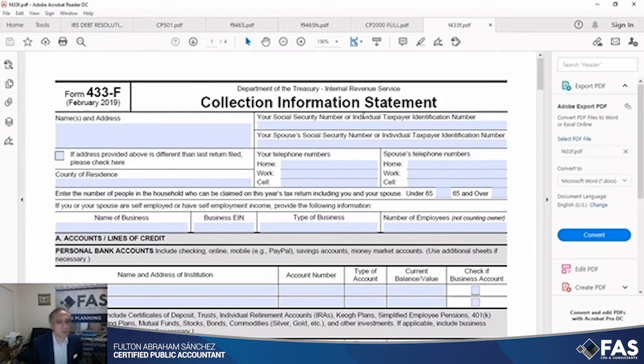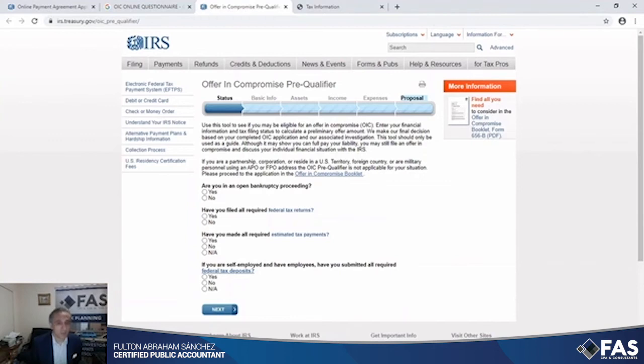Specifically, this type of form is a collection information statement. This form is only for those who are not able to apply for an offer in compromise because, after going through the offer in compromise pre-qualifier, the proposal came back as not enough.